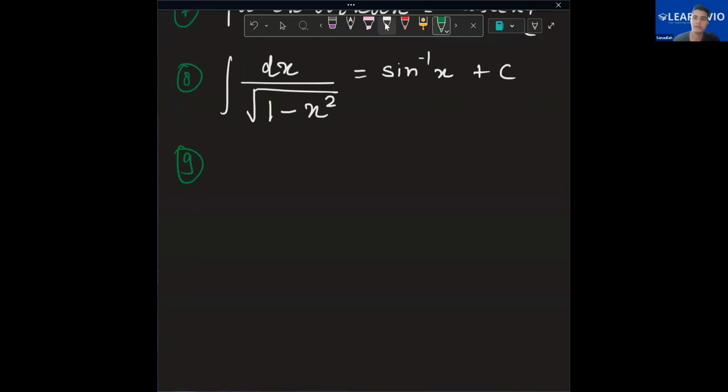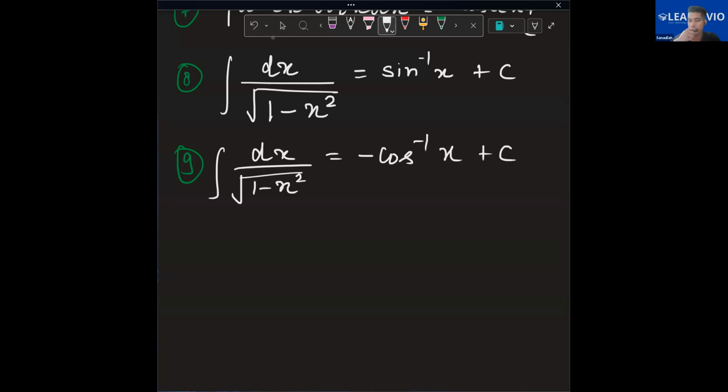For the ninth one, we have the integration of the same function. We can write this in the form of cos inverse x also, like dx over root 1 minus x square. It can be written like minus cos inverse of x plus c.